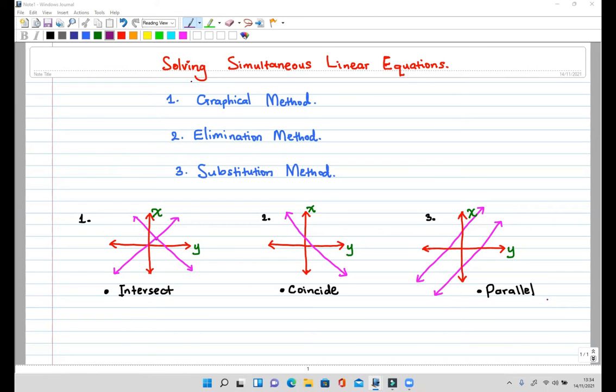Remember, we are looking at solving simultaneous linear equations. And last time we talked about the graphical method. We saw that when we use the graphical method, the graphs of the linear equations may intersect.